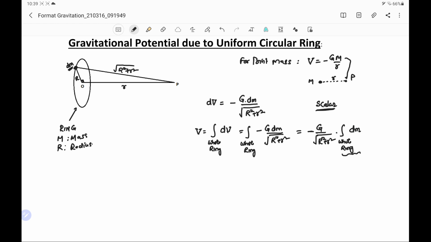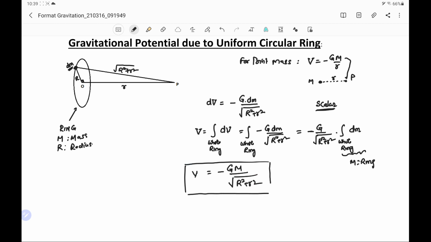For the whole ring, this is the total mass of the ring. Therefore, we get minus GM by root of R square plus r square. This is the total gravitational potential due to the ring at the point on the axis.